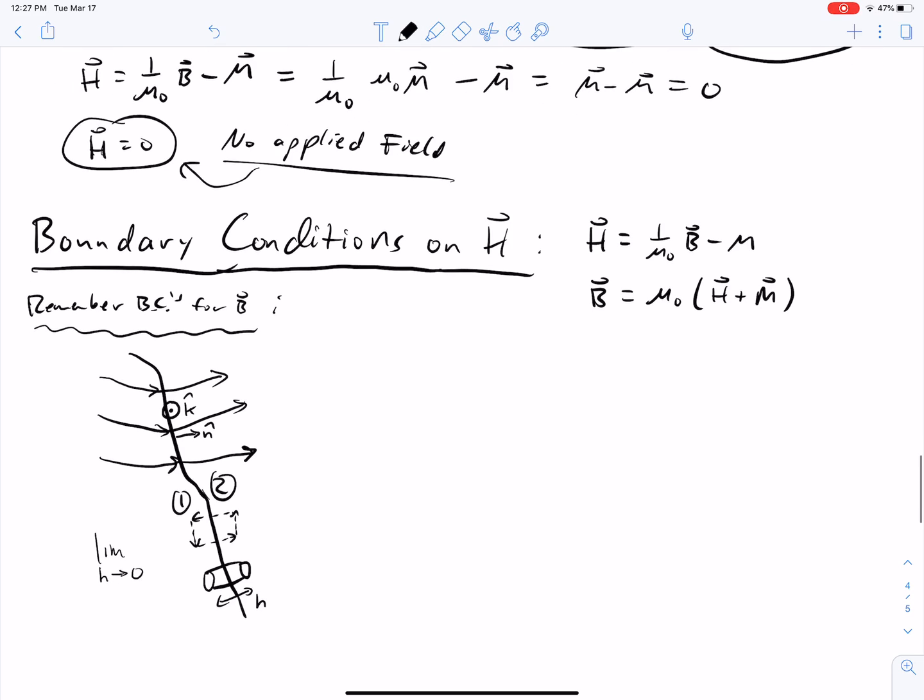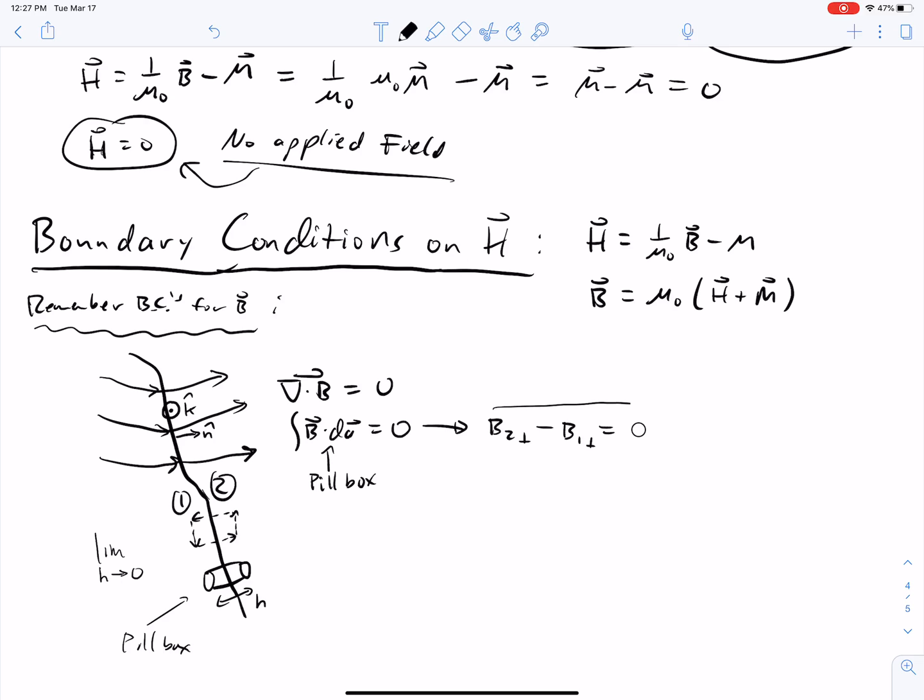And then we used del dot B equals 0, and from that we know that the integral of B dot dA equals 0, and so we did that in the pillbox. And so that then leads us directly to B2 perp minus B1 perp equals 0. All right, so we got that.